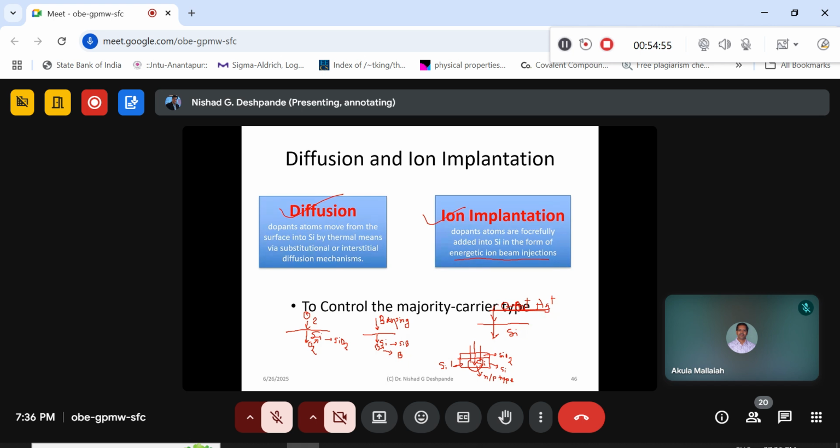If N type, the majority carriers are electrons. P type, it is holes. So I want a controlled change in this region, or else I want a resistive layer here. Both ways are possible.